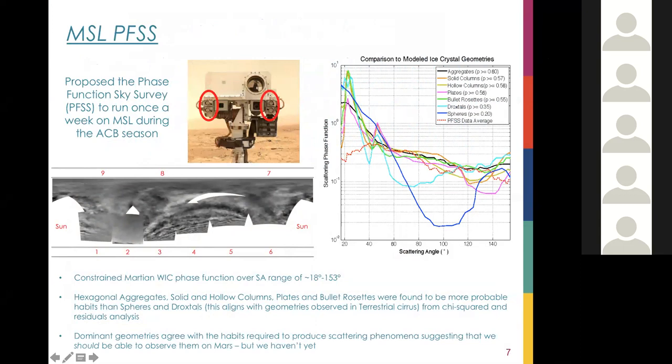So unlike all those interesting shapes that lead to troughs in the scattering function, it looks like real Martian water clouds are actually sort of close to Lambertian, which I guess makes sense because aggregates I would assume would be the closest to Lambertian as well. So what does this tell you about how these clouds form on Mars? Presumably they must be forming in some fundamentally different way from water ice clouds in Earth's atmosphere.